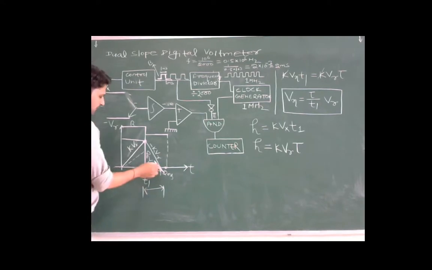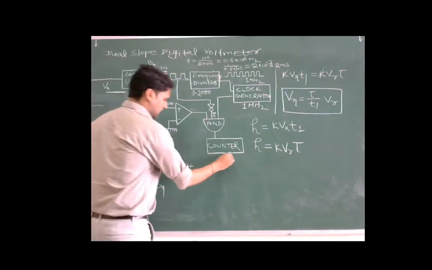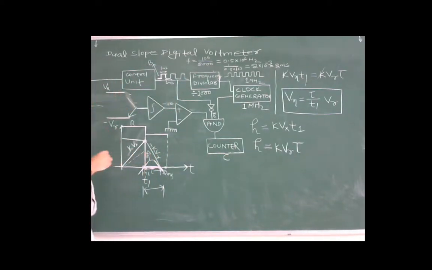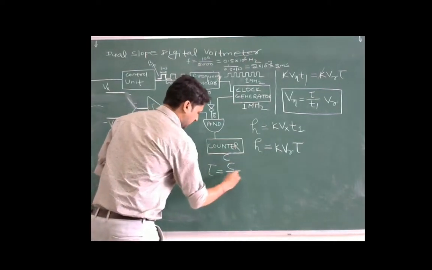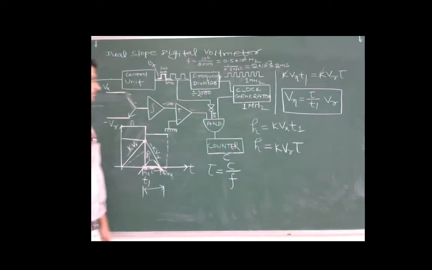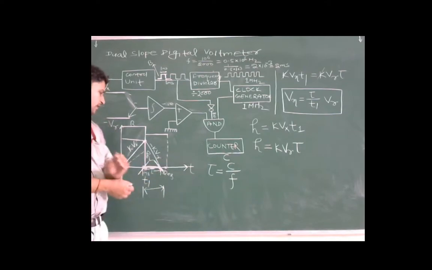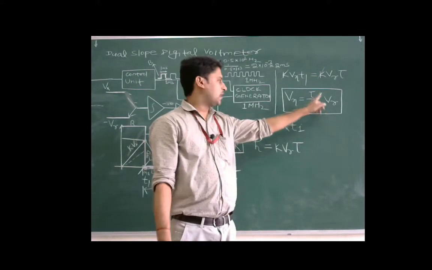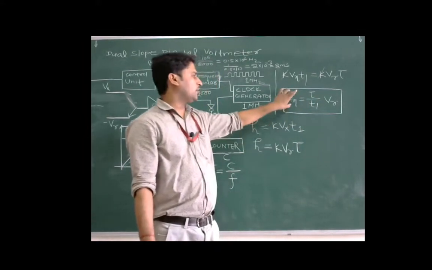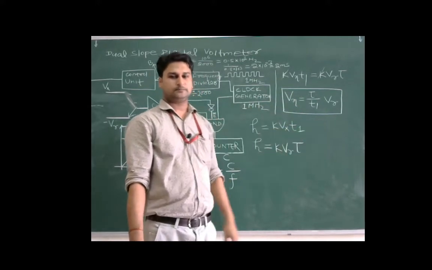If at the end of this time, after tau milliseconds, the value of the counter is C, then this time tau can be written as C by F. So we can calculate this tau by reading the output of this counter. The reference voltage is known to me, tau is known to me, T1 is known to me, the only unknown is Vx. So we can find out the value of Vx by using this relation.